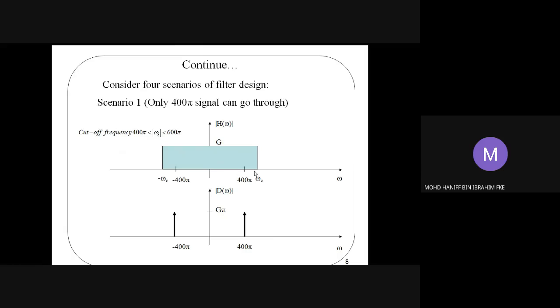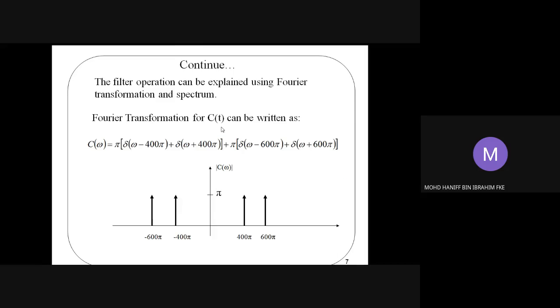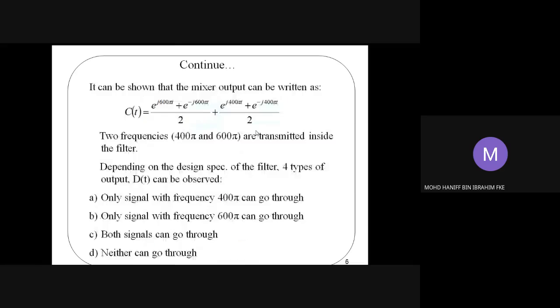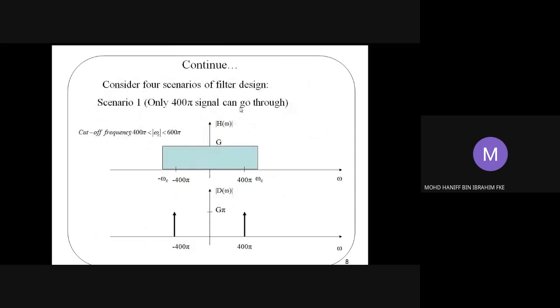So that is why the response of the filter looks like this. If we multiply H(ω), the response of the filter, with C(ω), which is the Fourier transform of C(t), as we learned before in lectures 10 and 11: if the input in the frequency domain passes through the filter, the relationship between the input and the filter is a multiplication, C(ω) multiplied with H(ω). So for the first option, the multiplication between C(ω) and H(ω) results in only these impulses at the output D(ω).